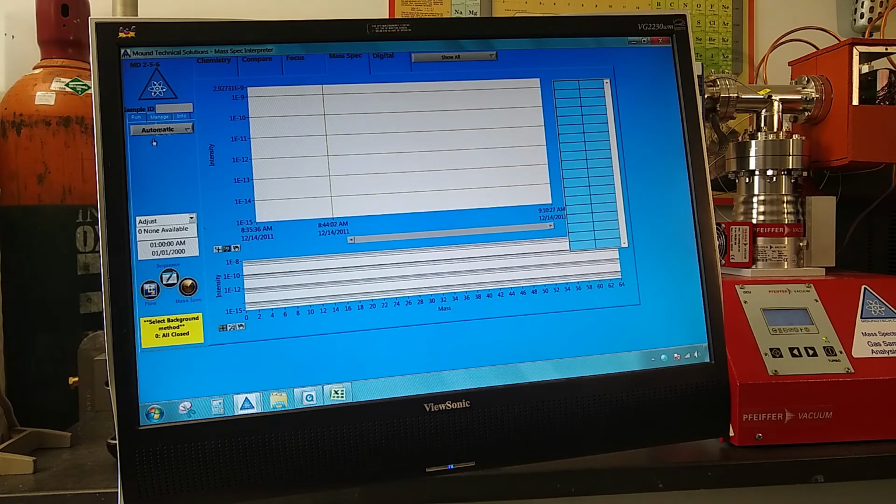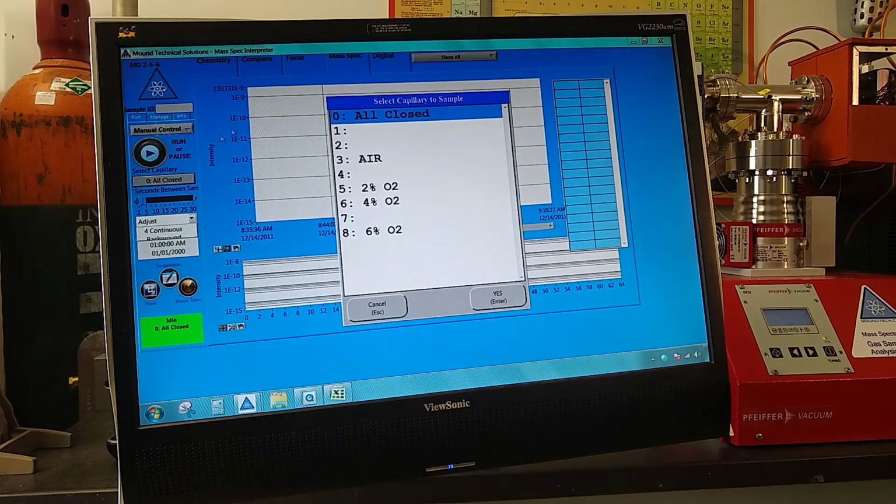Now let's set up a test that is run in a manual mode. Let's do our background in a continuous update, meaning that we'll continuously update that background. And let's sample capillary number 3, which is out here in the room air.